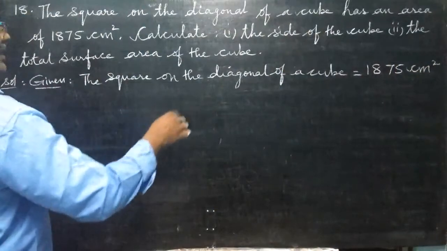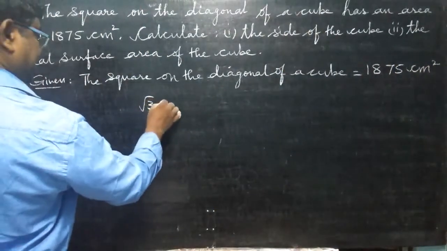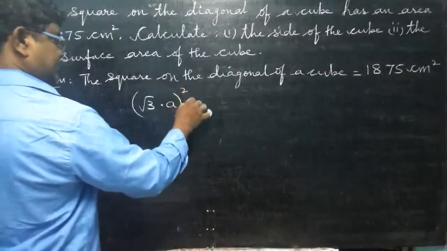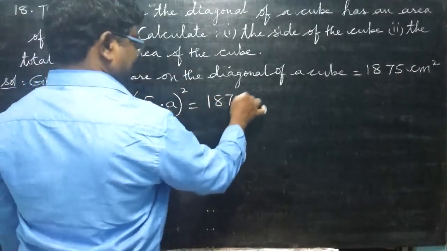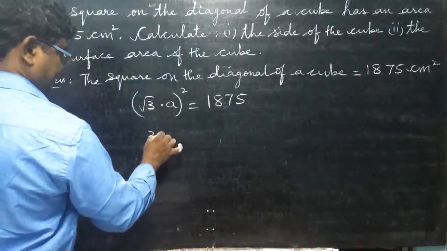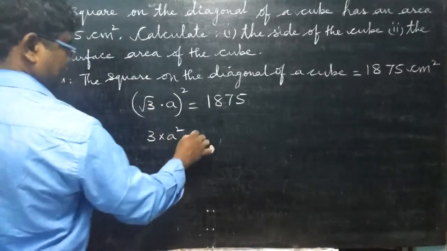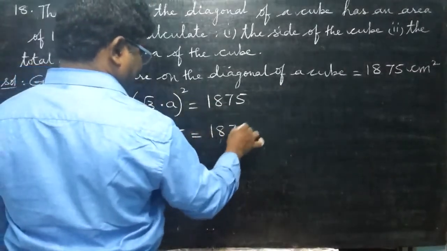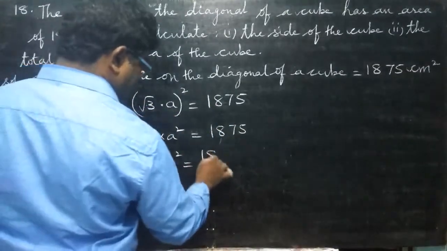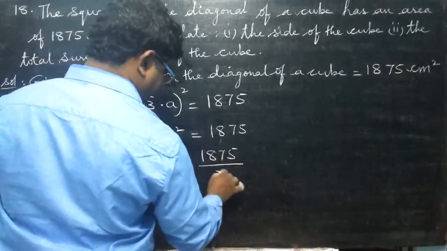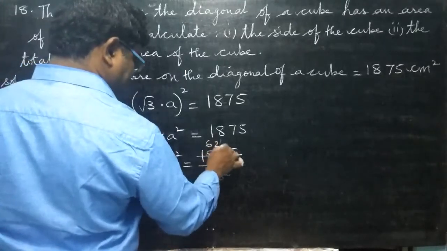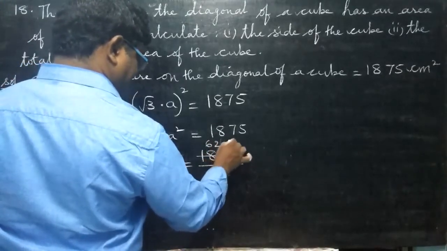What is the formula for the diagonal of a cube? Root 3 into a. This is squared. The square is equal to 1875. Now root 3 into root 3, 3 into a square is equal to 1875. This square is for both. Now a square is equal to 1875 by 3. 3 goes, 3 6s are 18, 3 2s are 6, 3 5s are 15.